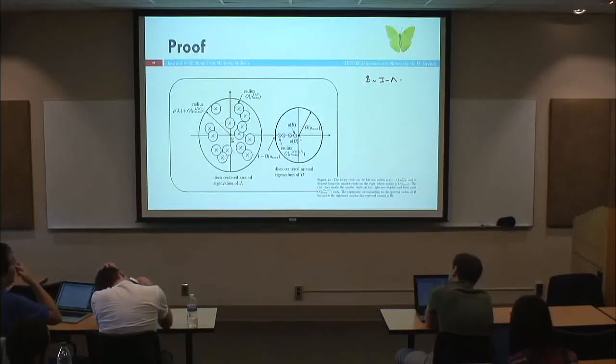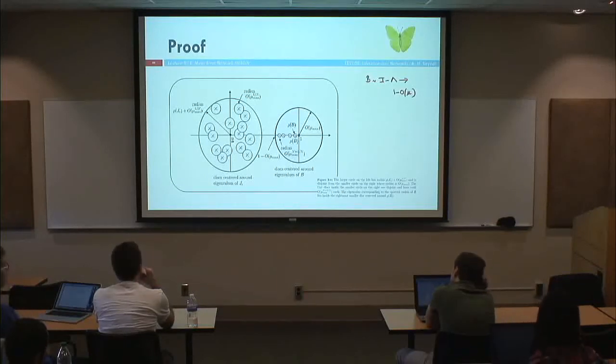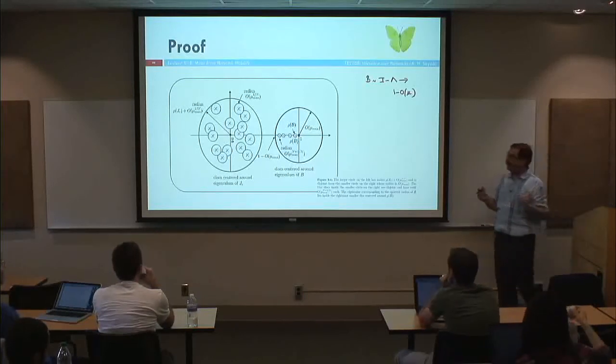Its eigenvalues are of this order, right? Mu max. Okay? So they are around 1, right? Within a circle of radius mu, correct?